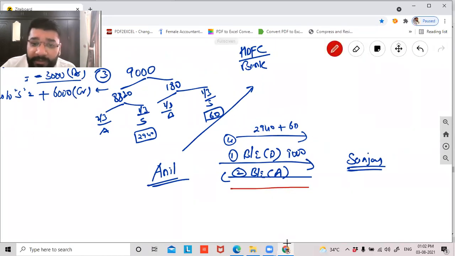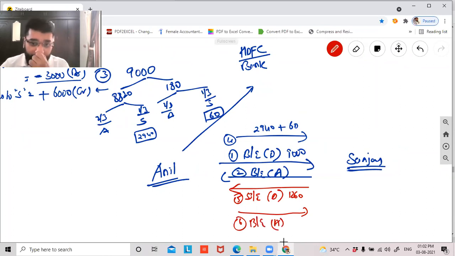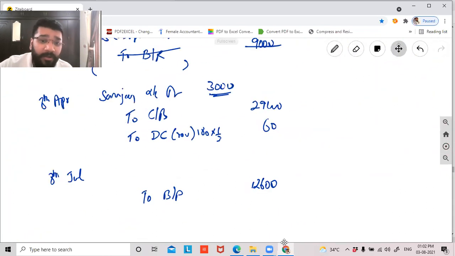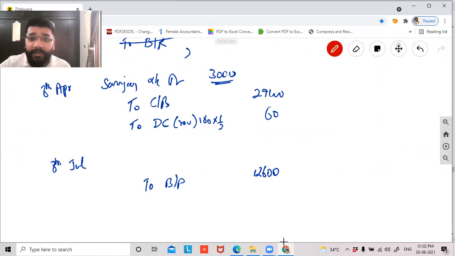Now, fifth transaction, Sanjay is drawing a bill of exchange for 12,600, to which Anil is accepting. So for acceptance of the bill by Anil, the entry is 12,600. Guys, this 12,600, who will enjoy this money now?